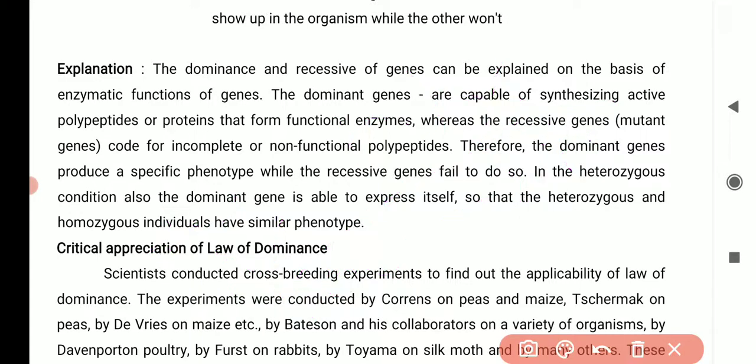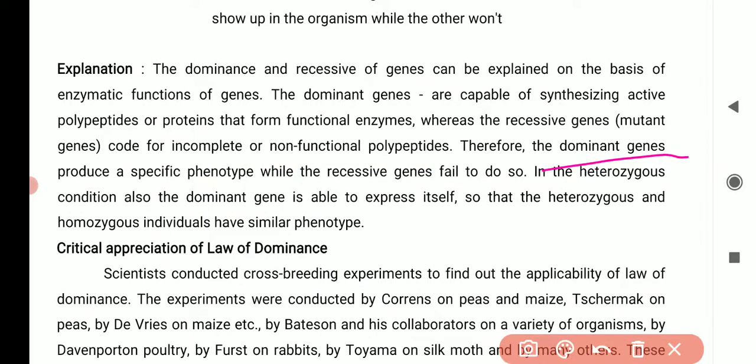So this is a simple explanation that it could be because the dominant one could produce the functional polypeptide and the recessive one was producing incomplete or non-functional polypeptide. So the protein does not show the white color because there was something wrong with it, non-functional.